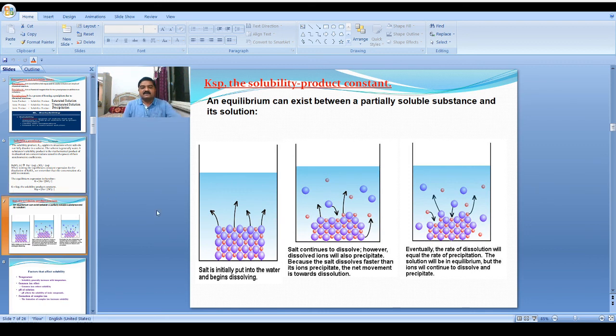However, dissolved ions will also appear as a precipitate, that means the formation of the insoluble form of the compound, but because the salt dissolves faster than its ions precipitate, the net movement is towards dissolution. And in the third, the rate of dissolution will equal the rate of precipitation. The solution will be in equilibrium, but the ions will continue to dissolve and form the precipitate. So this is how the process takes place in the formation of the solubility product.